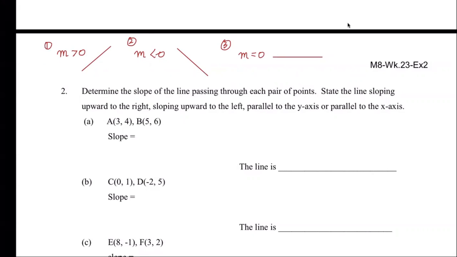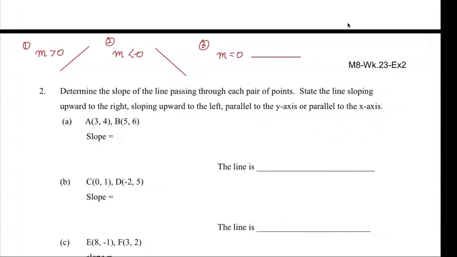So if the slope of the straight line is equal to 0, then this straight line must be horizontal. The last case is if the slope of the straight line is not defined, is undefined, then the straight line must be a vertical straight line. Okay, so there are 4 different cases.